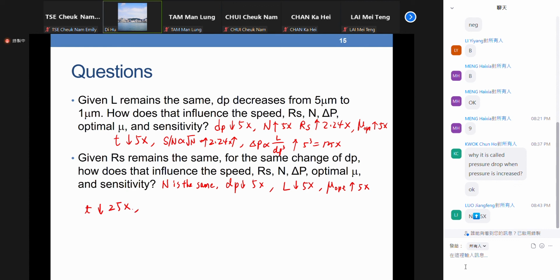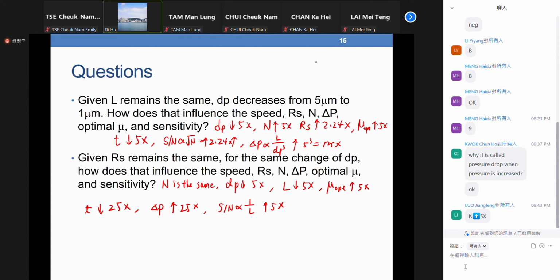And delta P, because your length decreased by 5 times, increased by 25 times. And sensitivity, signal to noise ratio, is proportional to 1 over L, so that will increase by 5 times. Did you get the same answer? Okay.